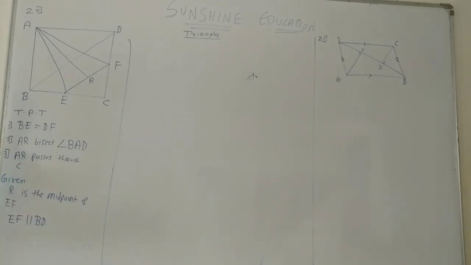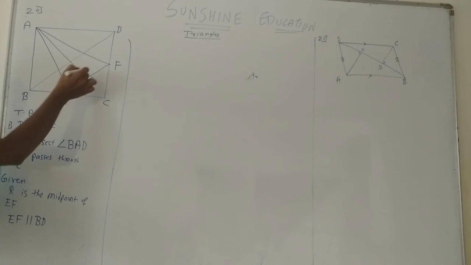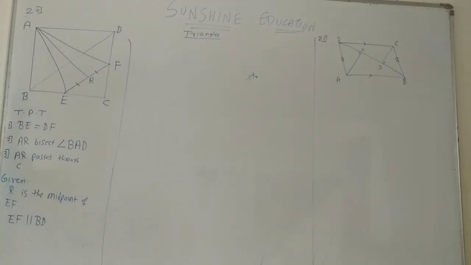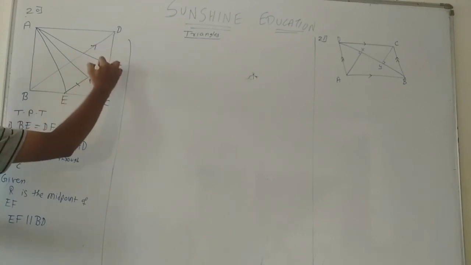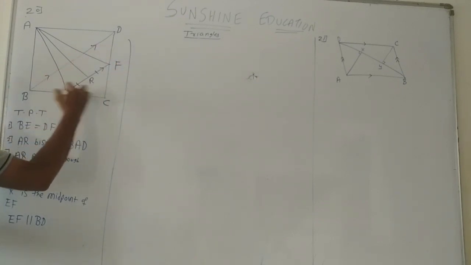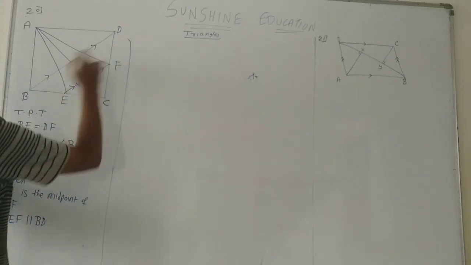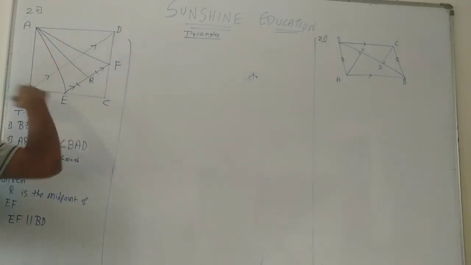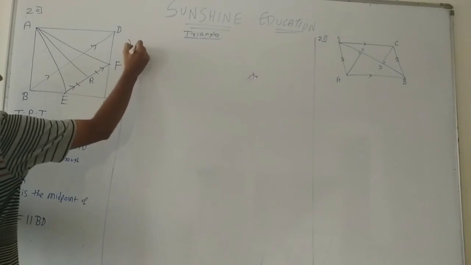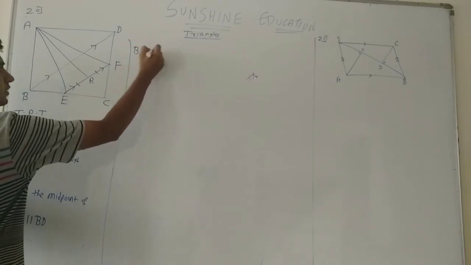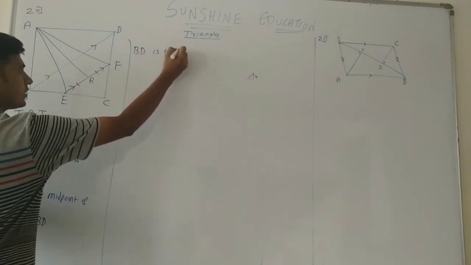What is given? R is the midpoint of EF, and we know that EF is parallel to BD. So this line is parallel to this. Okay, so let's start. First of all, BD is the diagonal of square ABCD.